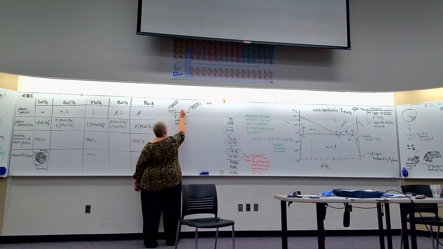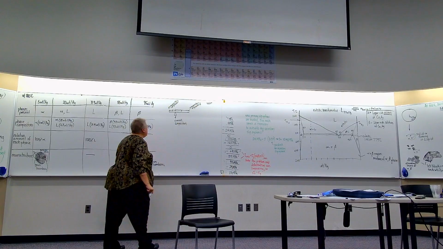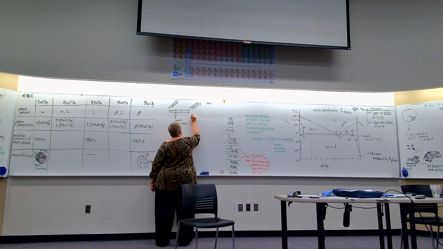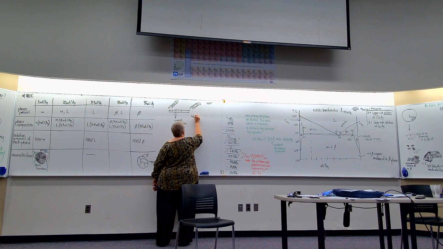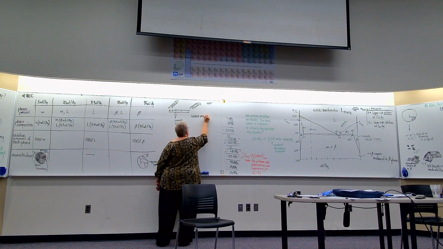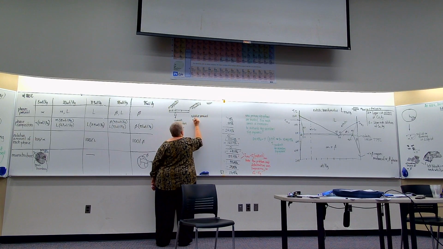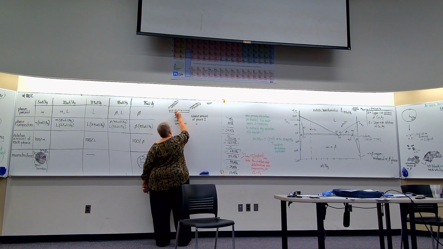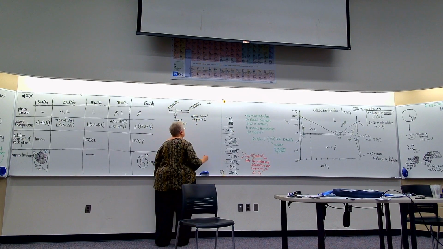Yeah, I'm just going to call this y. Okay. The relative amount of phase one, the phase on the left, is equal to the length on the other side of the fulcrum, y, over the total length.